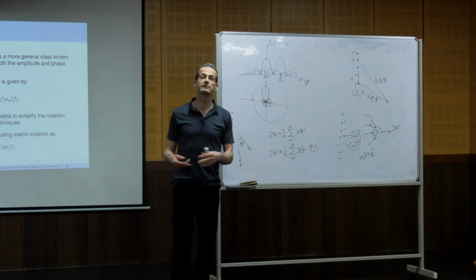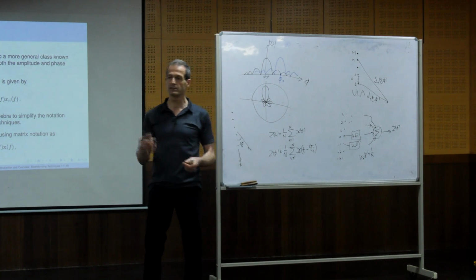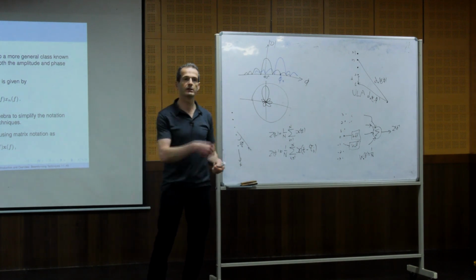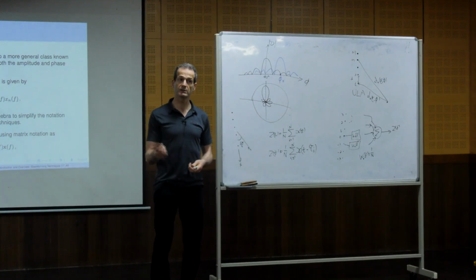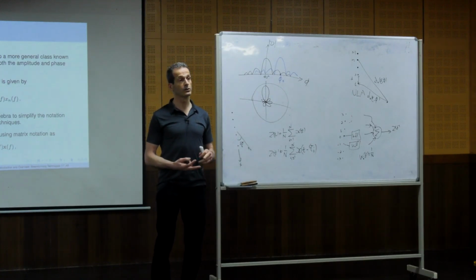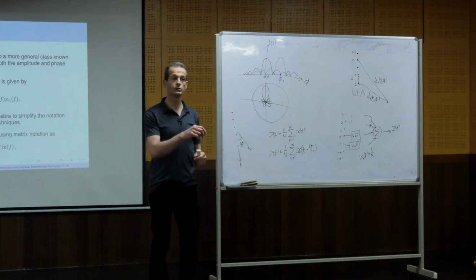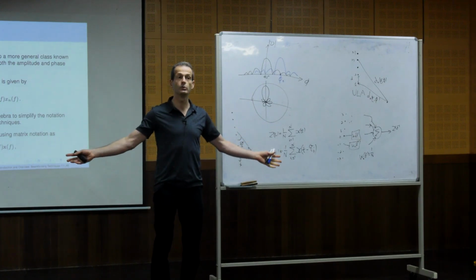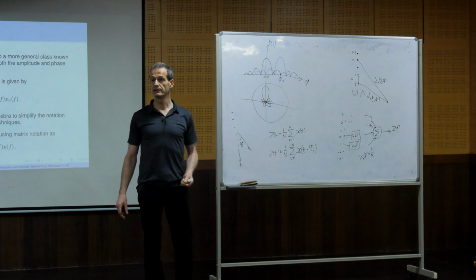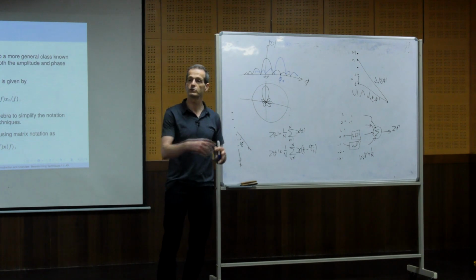You limit the number of sensors because you don't want to use too many sensors. Each sensor, you need a sampler and so on, hardware to sample the signals that are received. Maybe you don't want too large a sensor array. You limit the space, you limit the number, you limit where you put them, and so on.